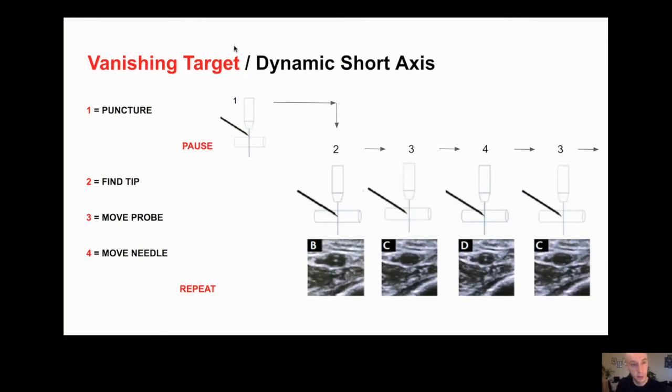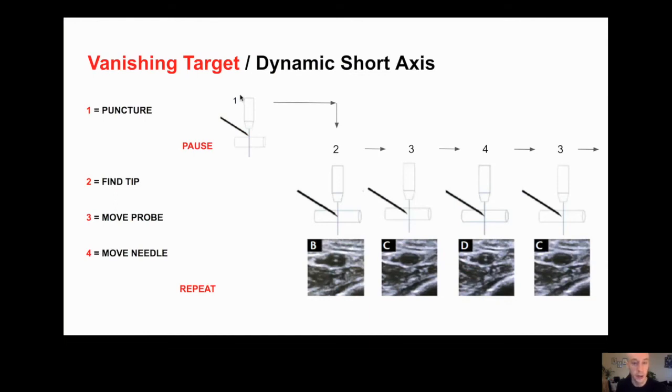You'll see some people just hold the probe still, and then they will put the needle in and hope that it appears where they're looking. Let's call that a static technique. What I think that you should try and do, which is much safer, is to use the dynamic technique in out of plane or short axis. Dynamic short axis just sounds like a mouthful, so we're calling it the vanishing target technique.